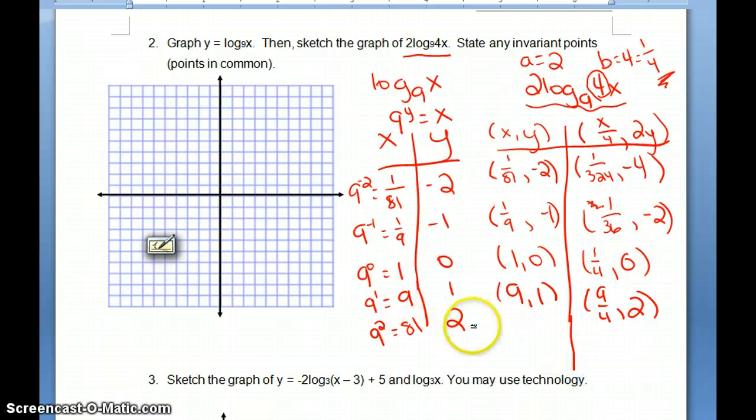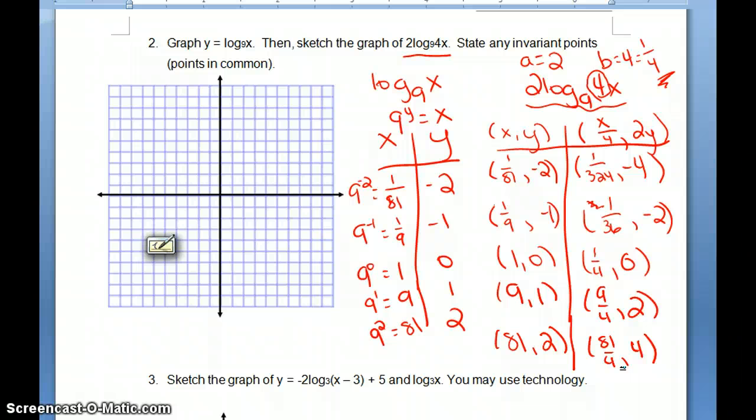Then for the next value we have 81 and 2. We're going to divide that x value by 4, so we have 81 over 4, and 2 times 2 is 4. Alright. So this should hopefully be enough for us to graph. Some of these values are going to be super crazy, but we don't need to graph those really big ones.